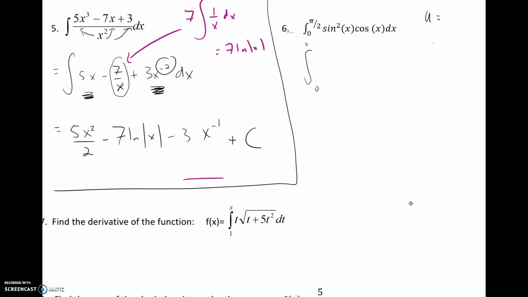So if I rewrite sine squared like that, it's a little bit easier to see. So my first guess is that u would be sine x, right? It's being squared. There's an operation on that function. So then I just go through my u sub process, take the derivative of sine, and then solve for dx.